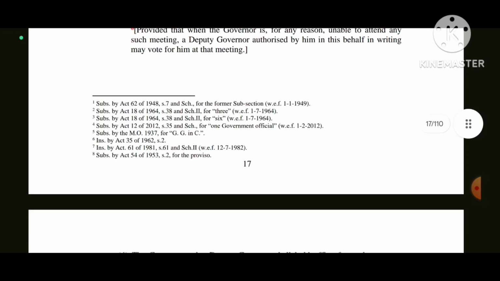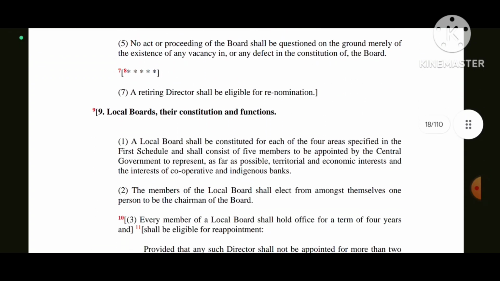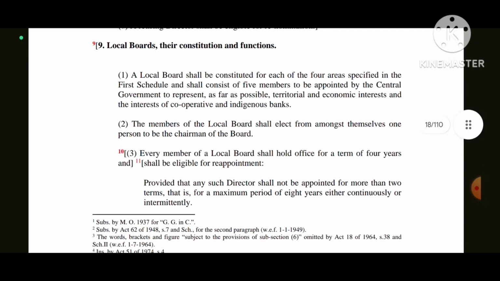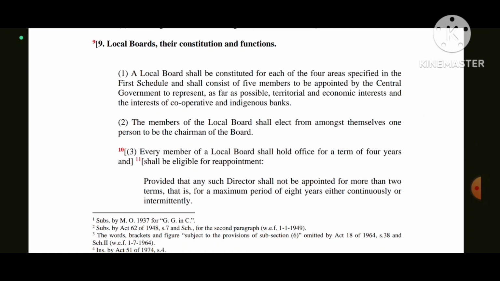Now in section 9, subsection 1, a local board shall be constituted for each of the 4 areas specified in the first schedule and shall consist of 5 members to be appointed by central government to represent, as far as possible, territorial and economic interest and the interests of cooperative and indigenous bank.